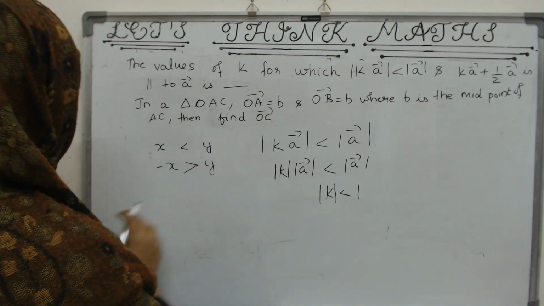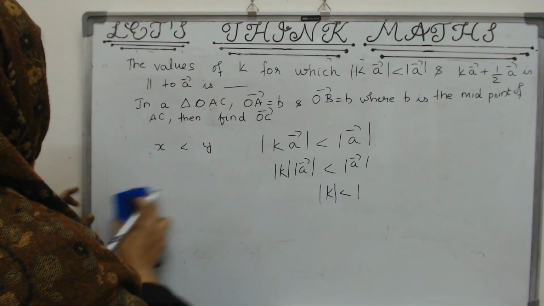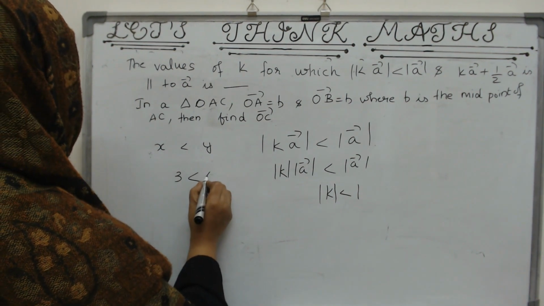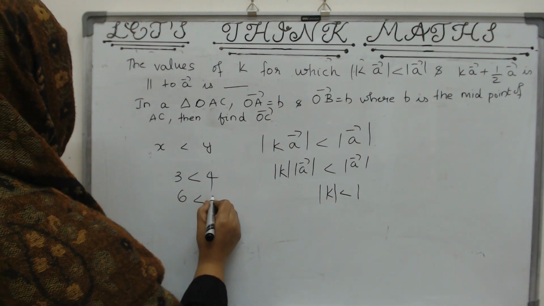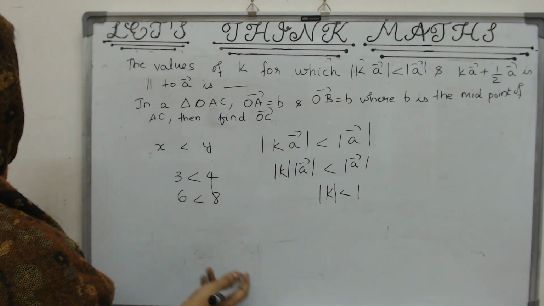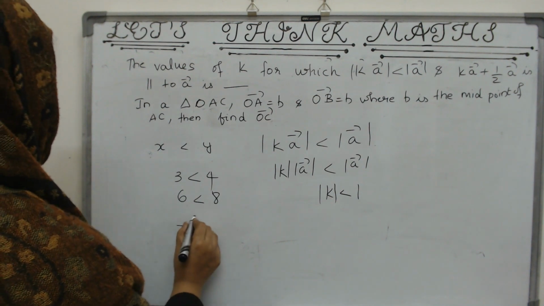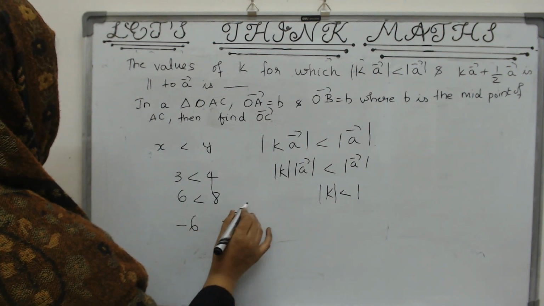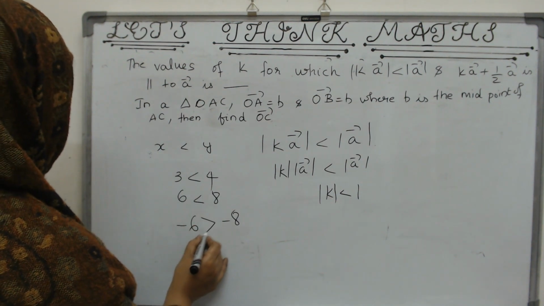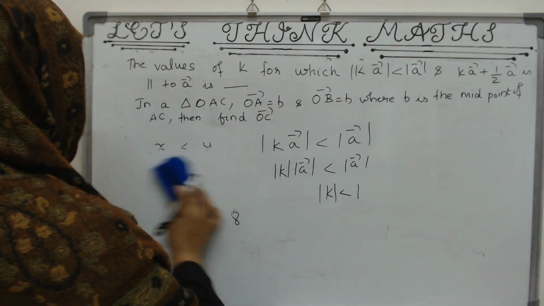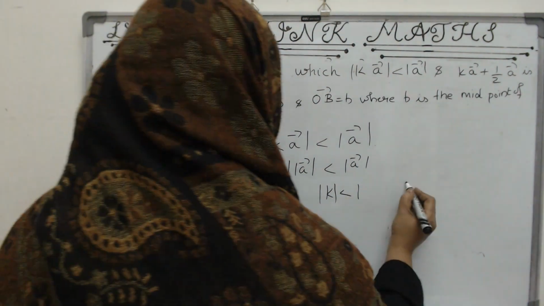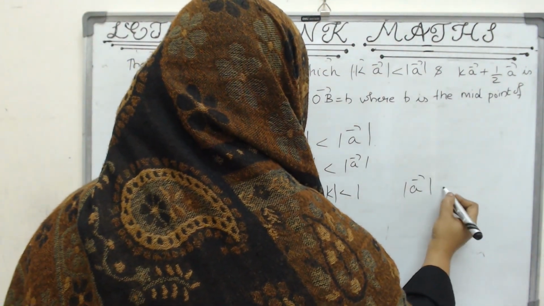Again, it is very easy to see with an example. 3 is less than 4. Multiply with 2, you get 6 is still less than 8. But multiply with minus 2, what do you get? Minus 6 and minus 8. Minus 6 is greater. So this step also we get, because modulus of A is positive.